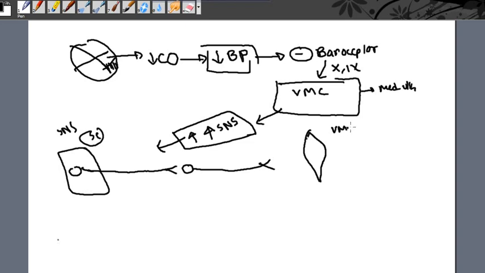This is the ventricular muscle cell, and these postganglionic neurons release epinephrine and norepinephrine, and this norepinephrine and epinephrine will stimulate this ventricular muscle cell.